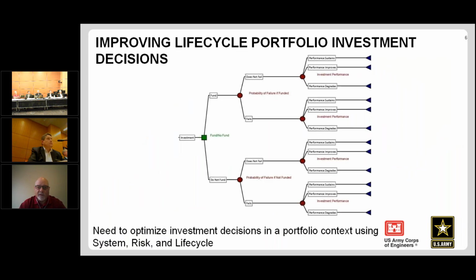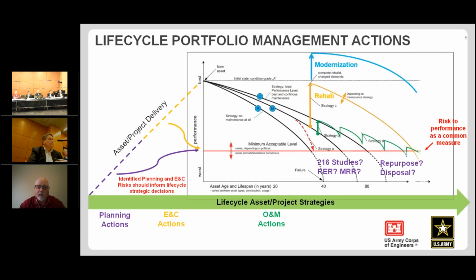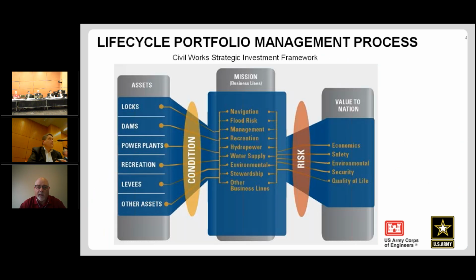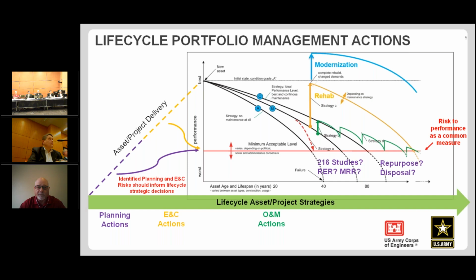Some of the other strategies that are shown are, well, if you could go back, the rehab. You can see you can do a rehab to a particular asset, spend some money there, and really lengthen the life cycle of that asset, and even go into another strategy of modernization to get even further along the lifespan line.